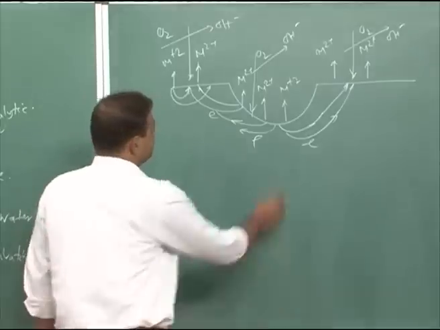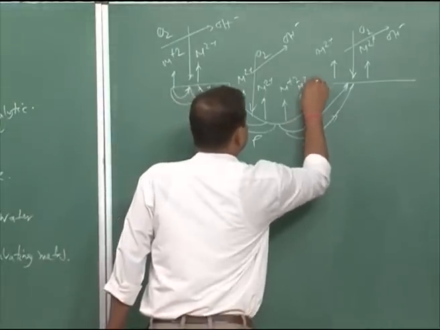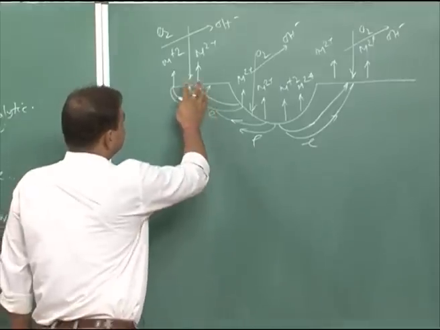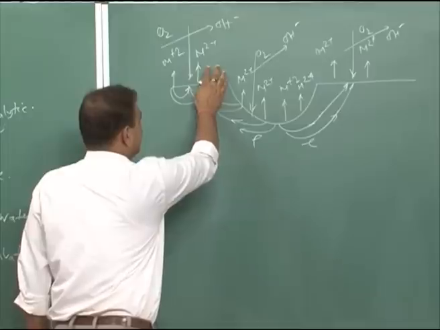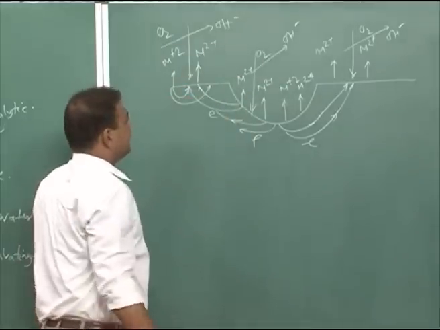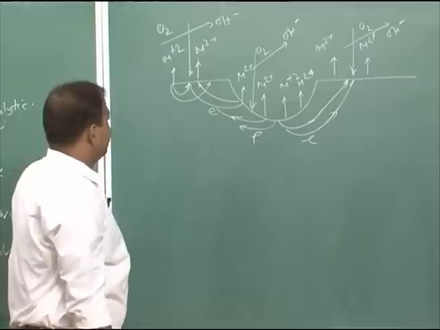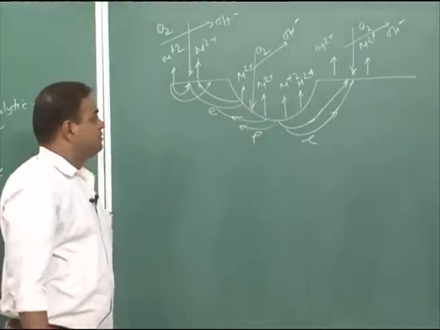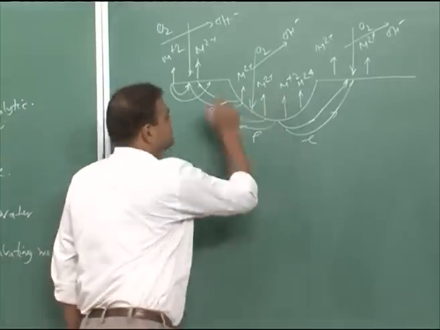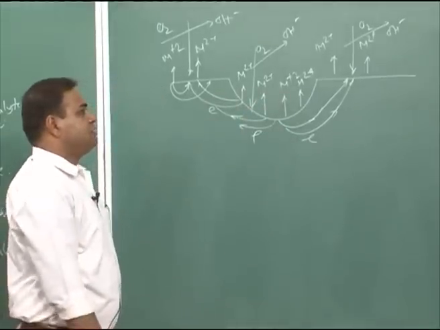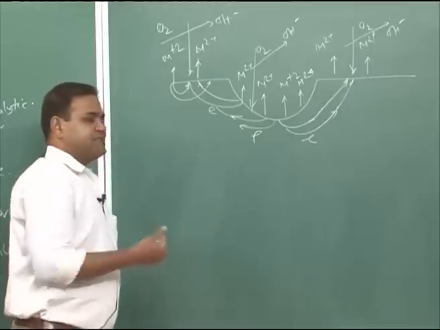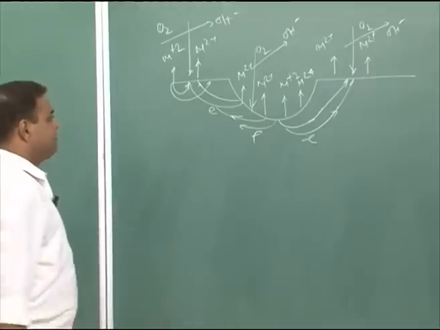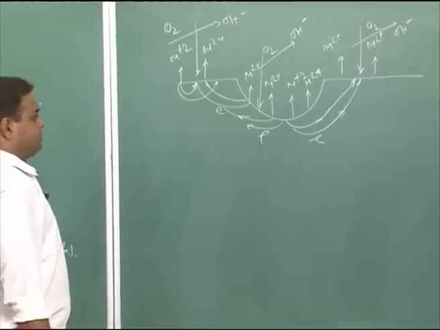Now, the situation is gradually changing. Since it is dissolved oxygen, and since initially the cathodic reaction is taking place all throughout, in this section we have more and more stagnant condition, and this looks like a section similar to a crevice, where we have a very small section with very much stagnancy in the solution.